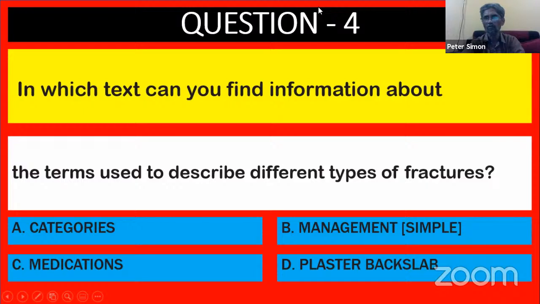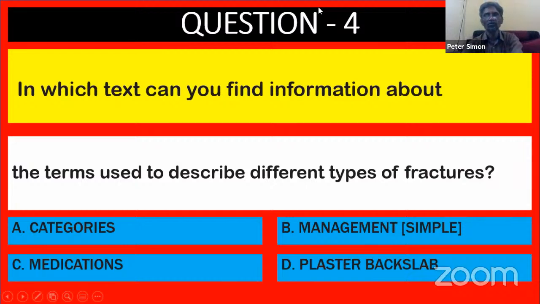You can go to the Telegram channel, create poll, question number 4, quiz mode, A, B, C, and D. You can tick the answer. The clue word is types.